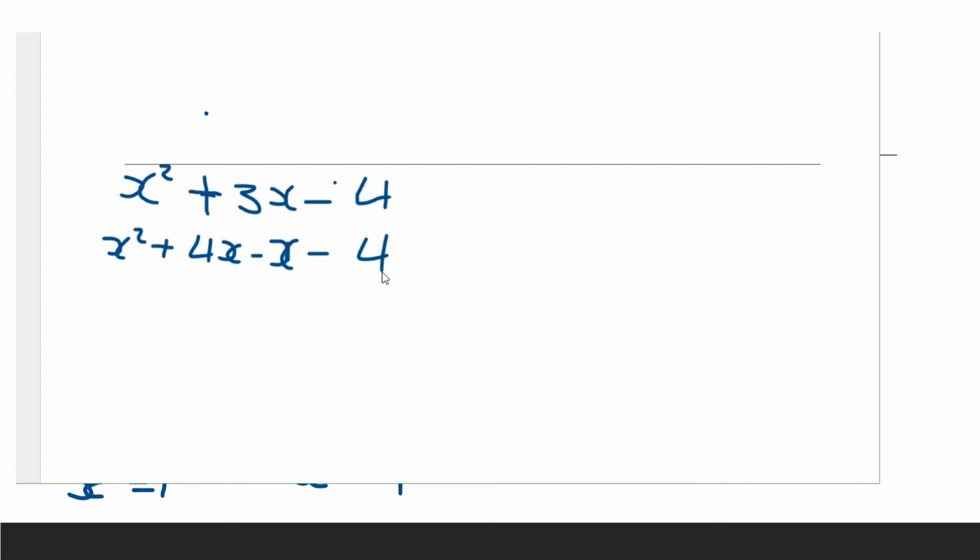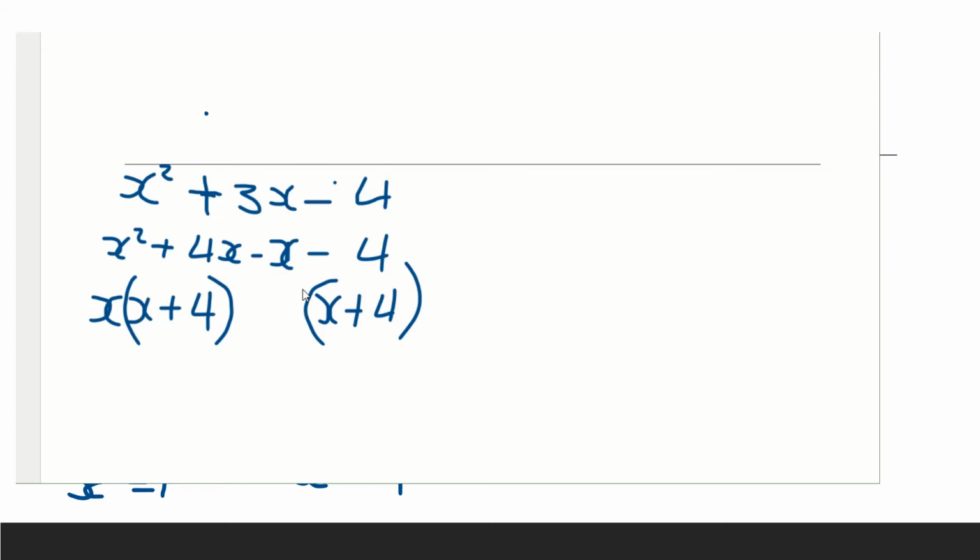And now we can go ahead and just factor out. So what is common? We have x, and we're left with x here, because x times x, that's x squared, plus we're left with 4. So our first bracket is x plus 4, and we're safe to rewrite it here. So we have x plus 4.